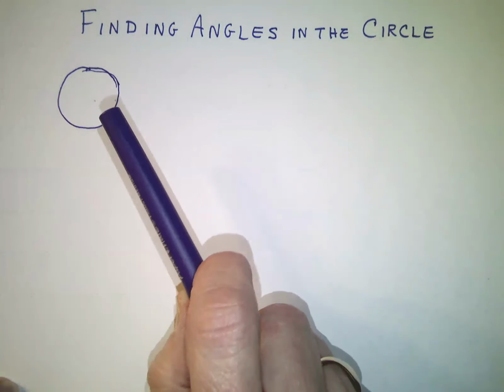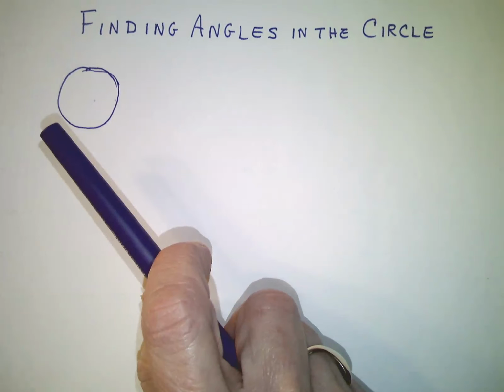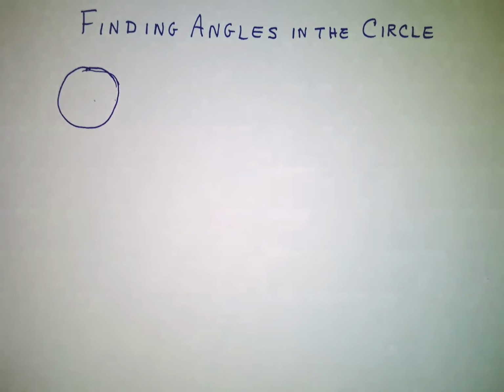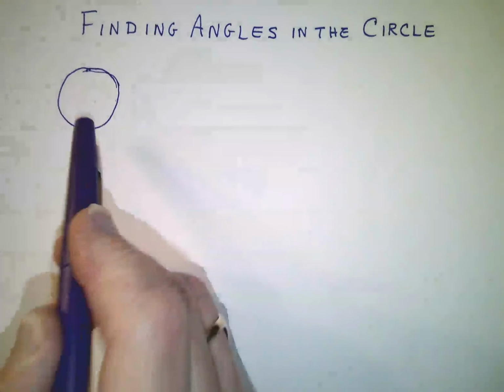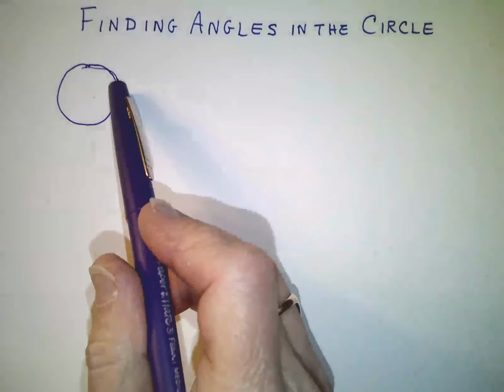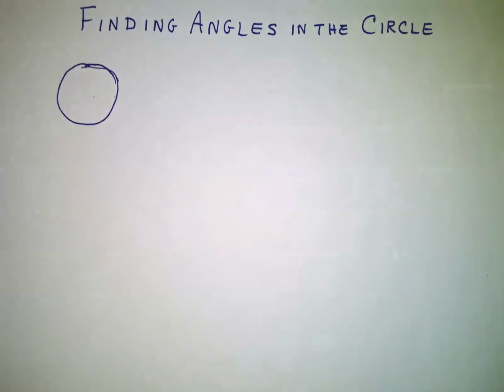Every cosine value will have two angles in the circle. So will every tangent value. The calculator will give us one answer. It won't give us any answers in the third quadrant. So from the one answer that the calculator gives us, we will have to find the other angle that has that same trig value.